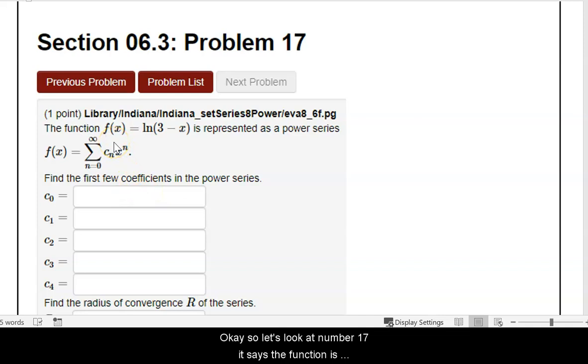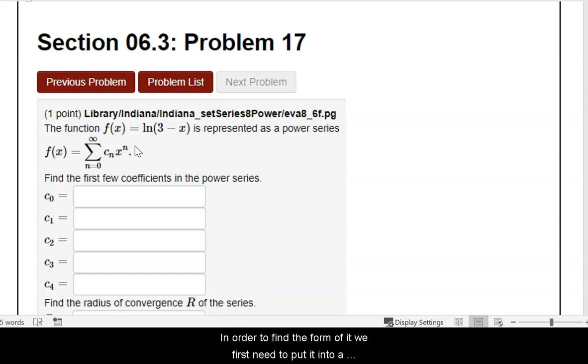It says the function is natural log of the quantity 3 minus x, and it's represented in its power series form as the summation of some series of constants multiplied by x to the nth. In other words, it's just your normal power series. So we want to find the form of it.